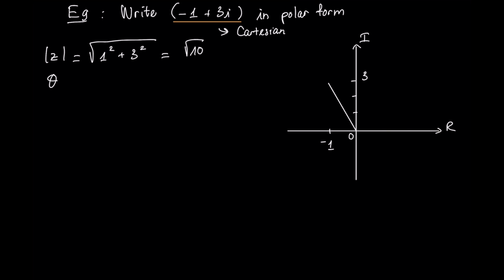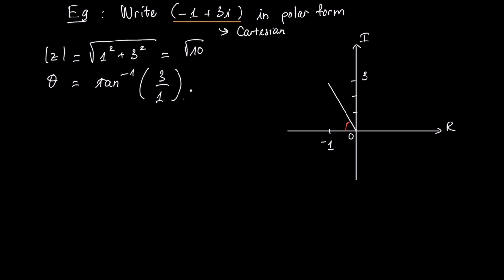And some students might make a mistake at this part, because if you do it the way that we did previously, which is to take tan minus 1 of let's say 3 over 1, this is wrong, because if we're doing this, we are finding the angle of this.